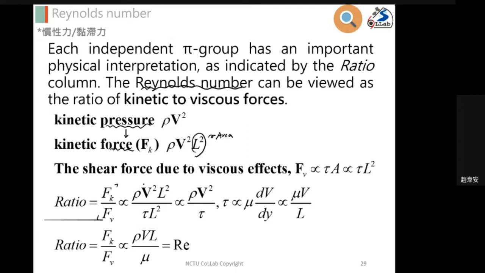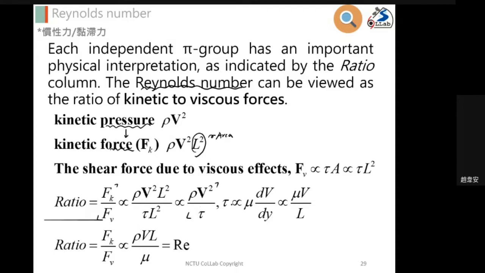As you see here, the upper part has rho v squared, and the bottom is related to the viscous force. For the viscous force we have the shear stress tau, and we also multiply by the area, with unit dimension L squared. So the ratio is rho v squared divided by tau.